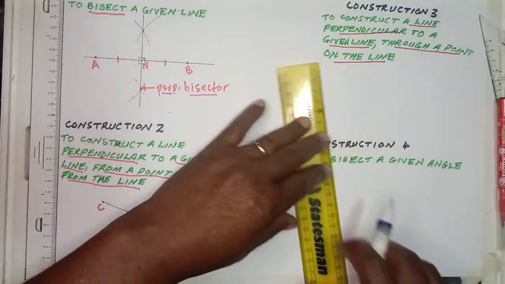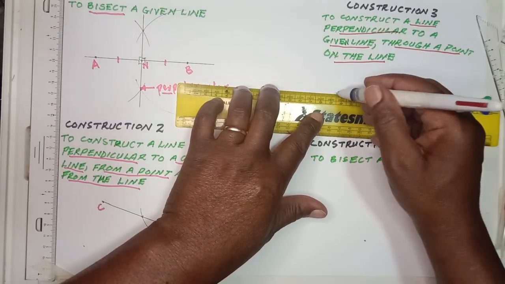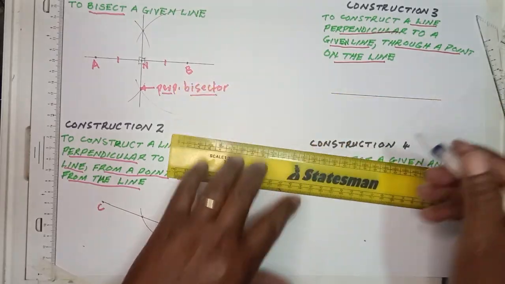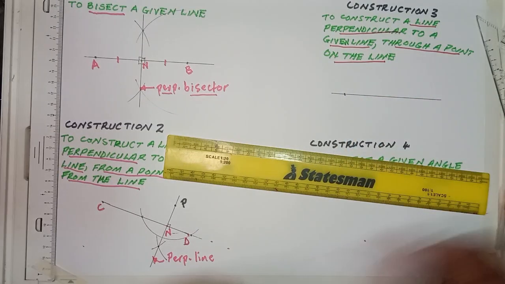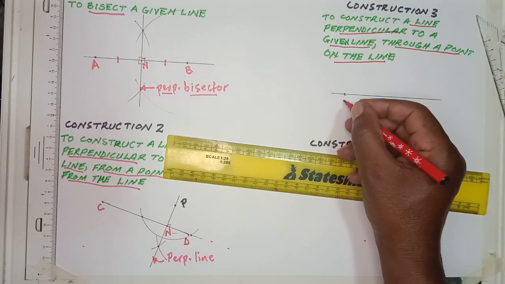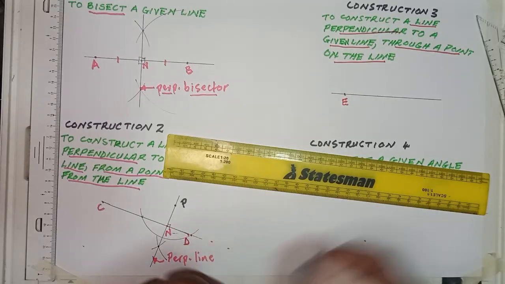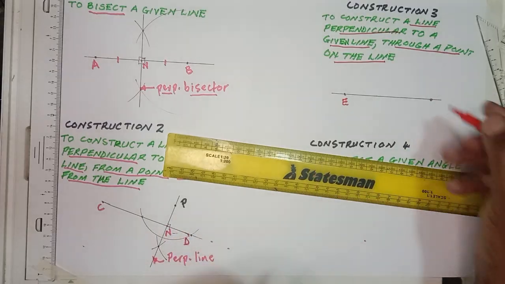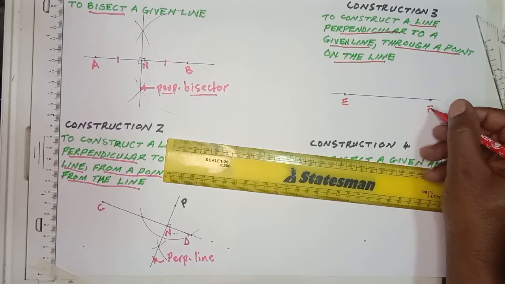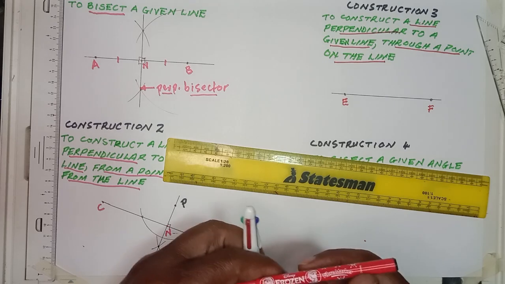So let's say we draw any line segment, we don't need to measure. First point, let's call it point E. Second end point, let's call it point F. So we have created line segment EF.